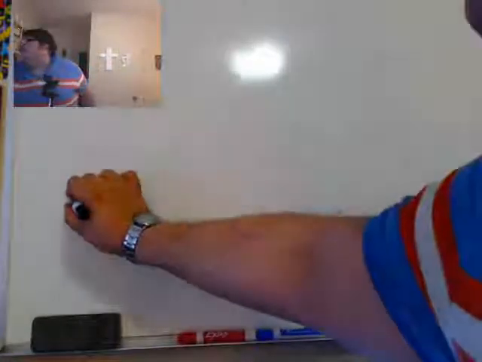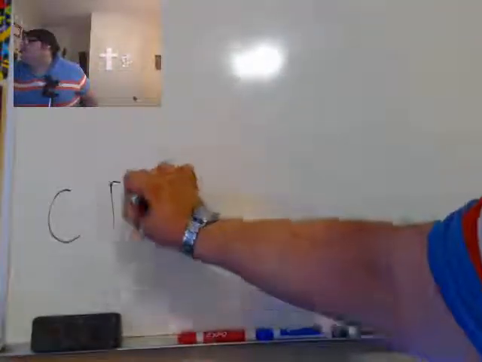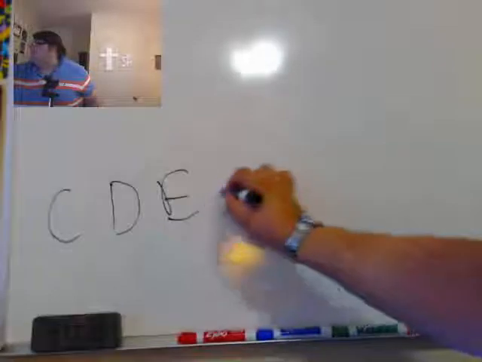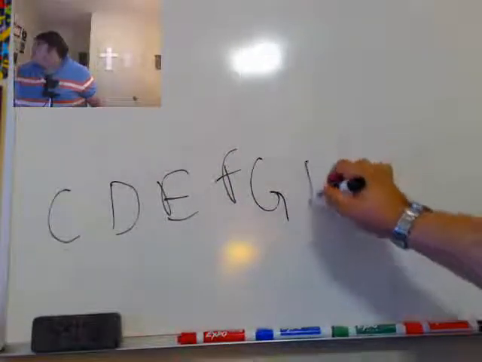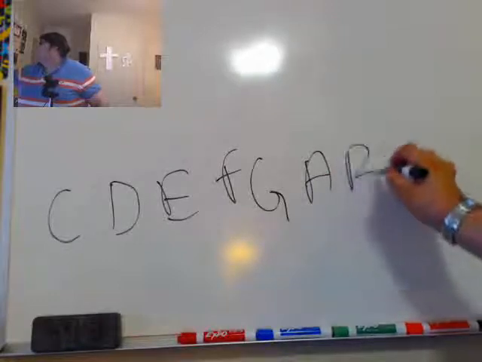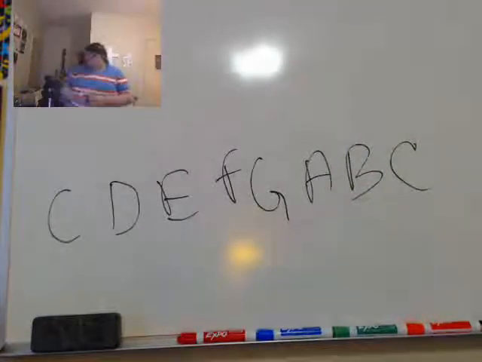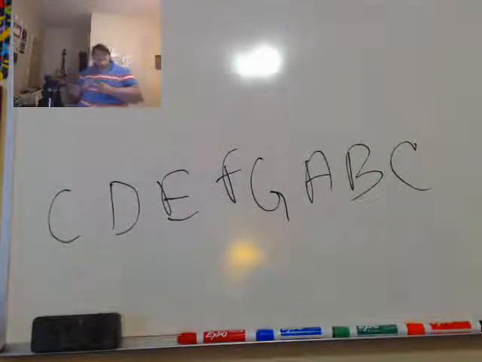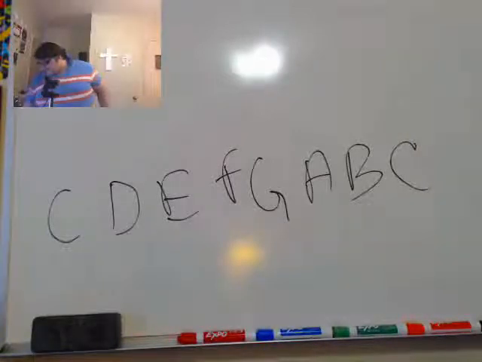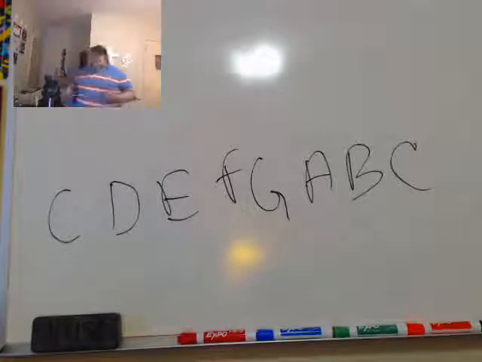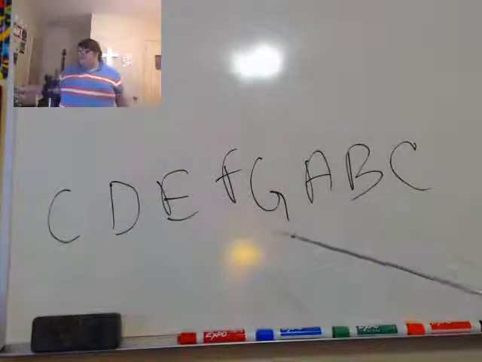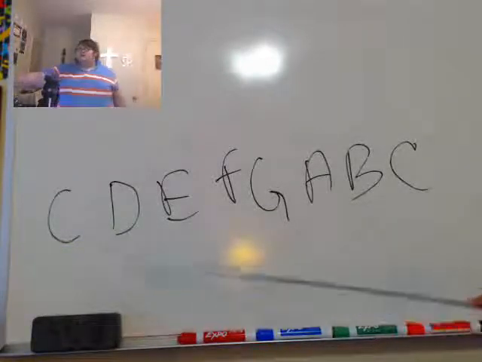So now we have C, D, E, F, G, A, B, and C again. So as you can see in this video, the key of C, as I'm going to be using my pointer for, the key of C right here is this.